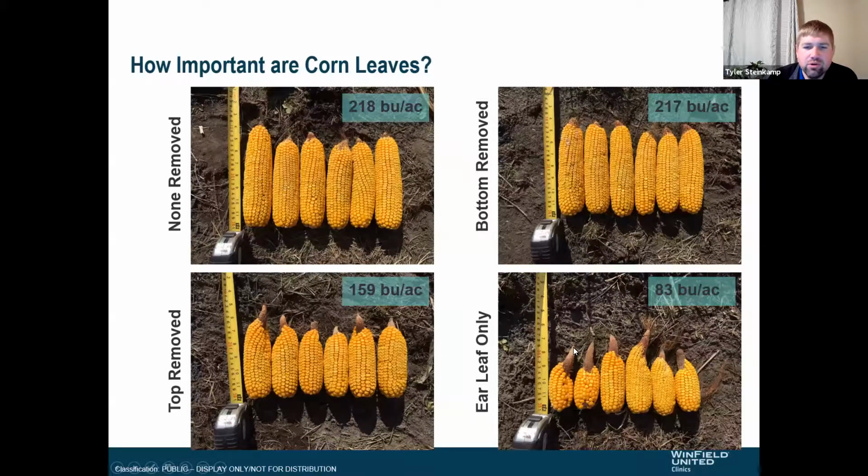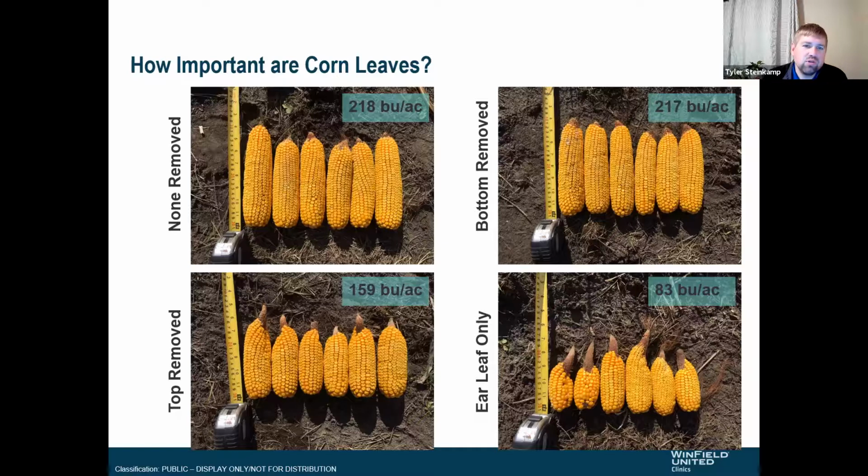And by the way, if you remove both the top and the bottom part of that plant, we averaged 83 bushels. So there was a significant yield response to removal of that leaf tissue. I think what this is really showing, guys, is we need to do a really good job of protecting those upper leaves in that plant.